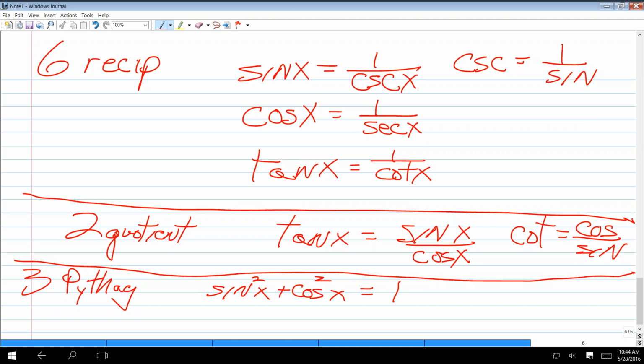Okay. Now, it couldn't be 10 because sine of x can never be outside the range of 1 to minus 1. So the biggest this number could ever be would be 1, squared even. Because if it's less than 1 and you square it, it's going to get smaller.